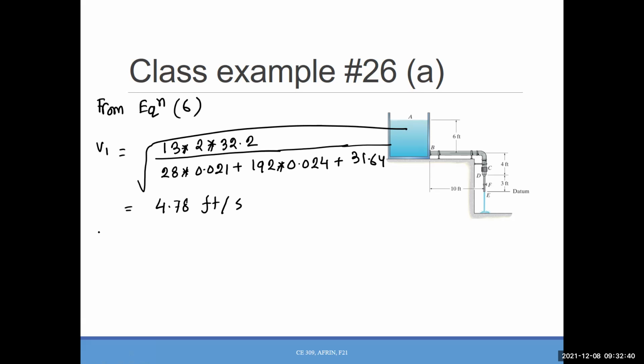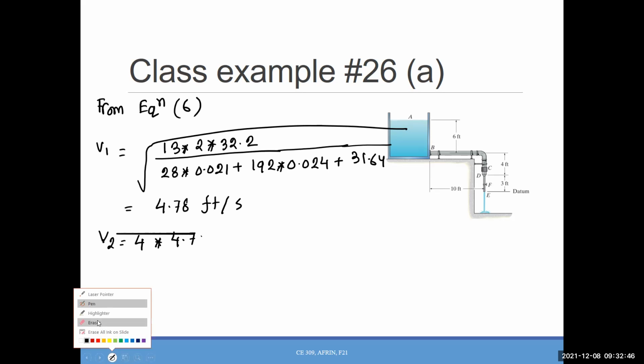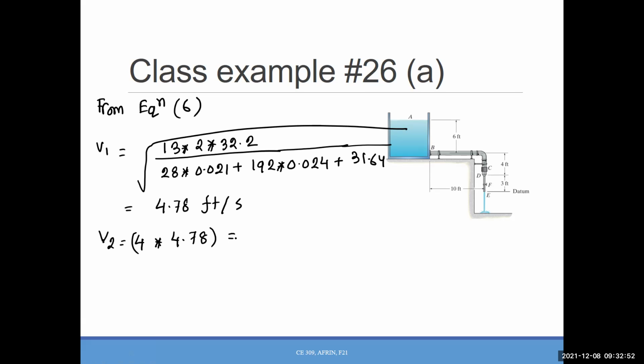So that gives us V2 equals to what? 4 times 4.78. What is that one? 19 point something.